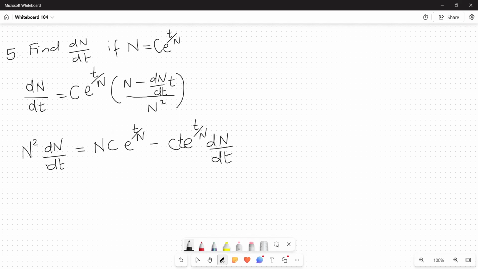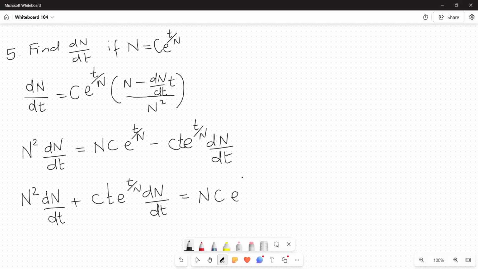Then this one goes over to this side. So we have n squared dn/dt plus c t e to the power of t over n dn/dt equal to nc e to the power of t over n.